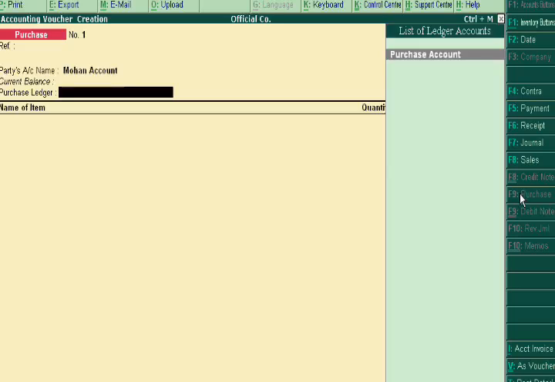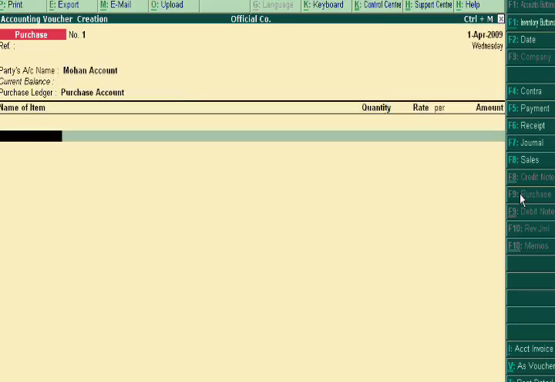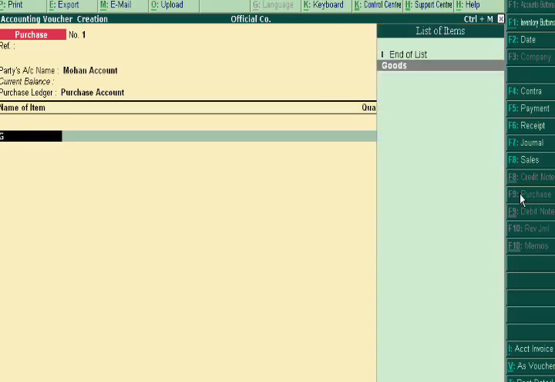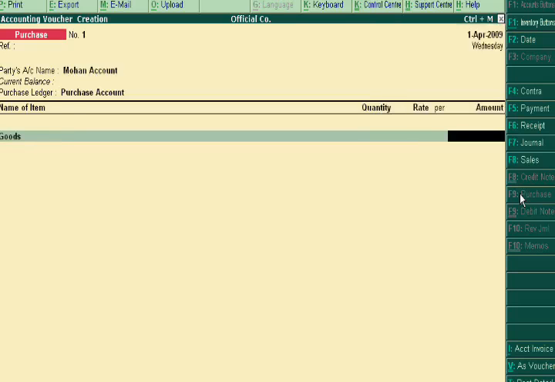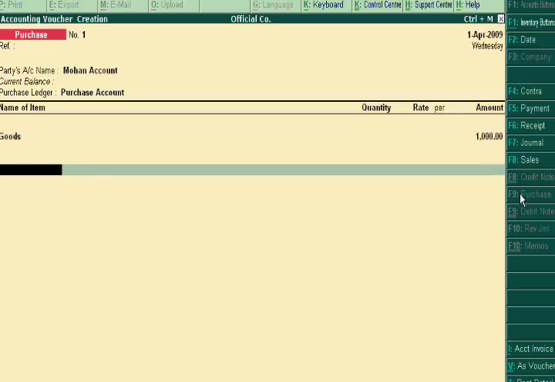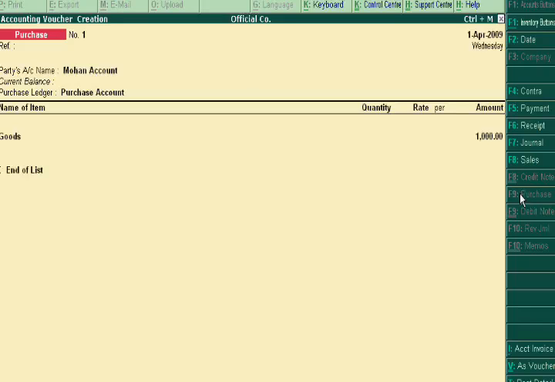So there is no outflow of cash. Write it, purchase account, and then goods, the inventory ledger we created. If there is any other item, you have to create it by pressing Alt plus C. Goods of 1000 rupees. Accept it.